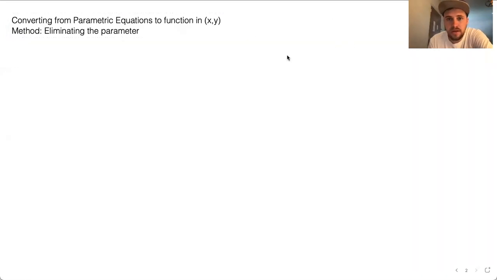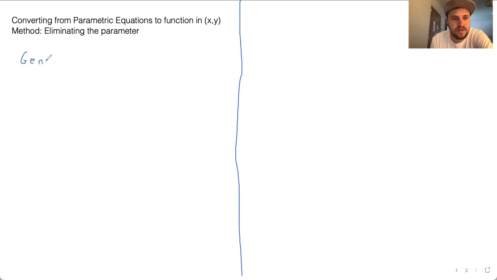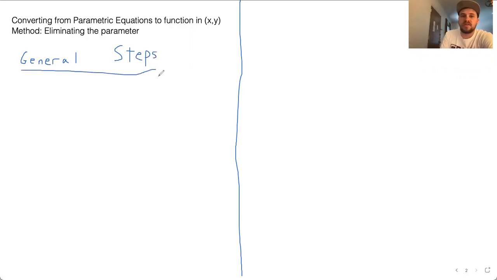Let's get my pen here. And I think I want to start with kind of general steps here. In general, these are the steps you'll want to take for this eliminating the parameter method, okay?